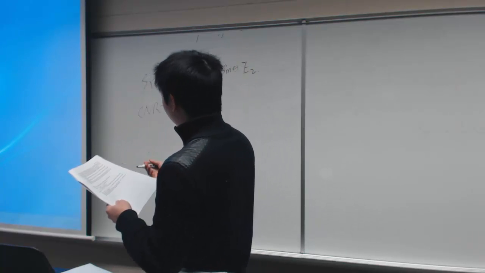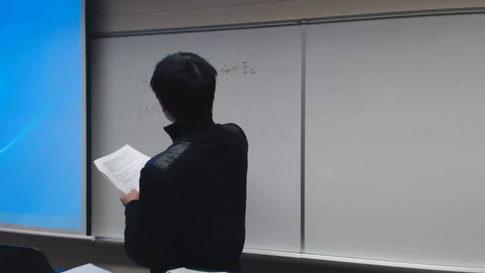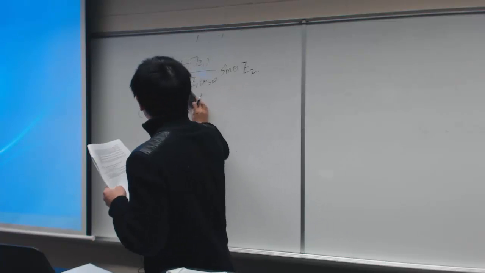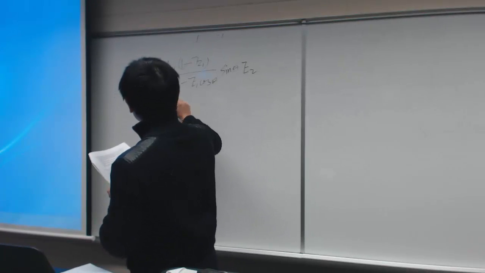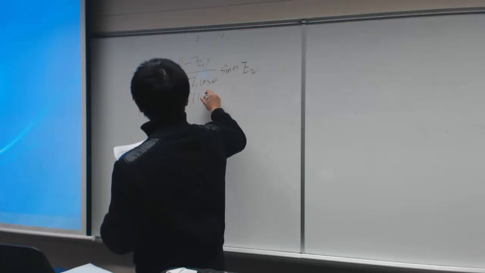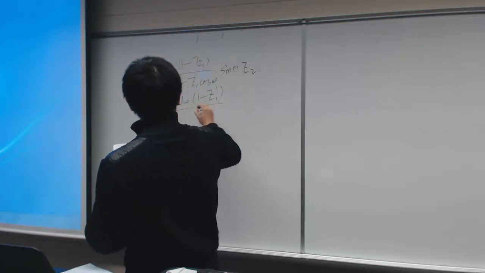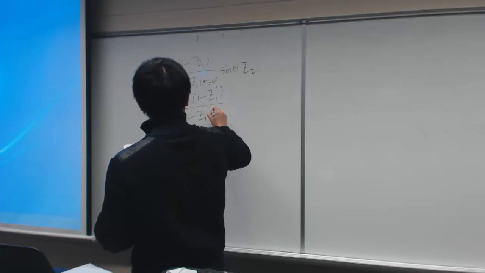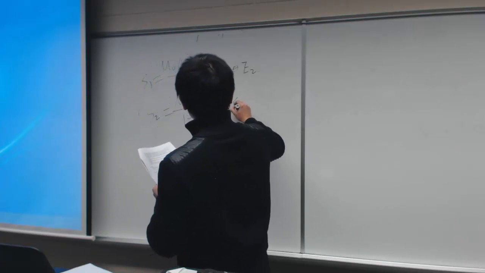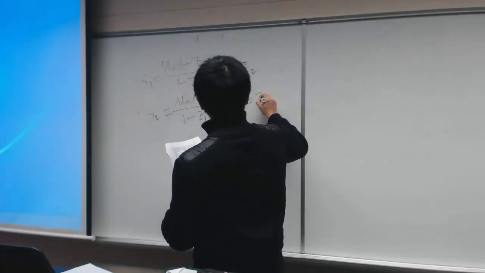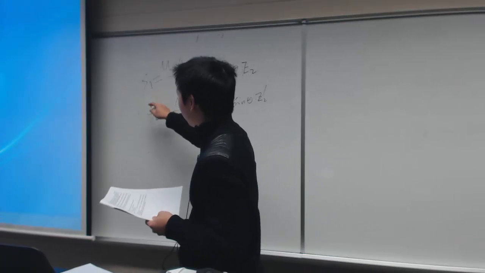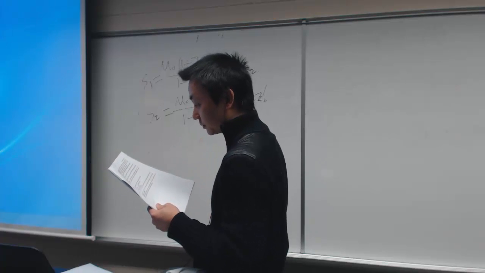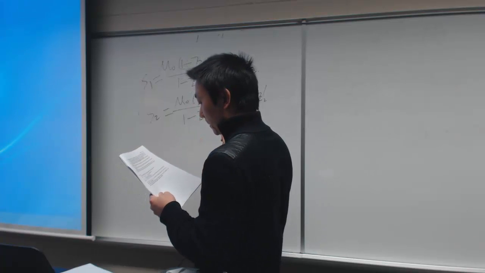So S2 equals M0 (1 minus E1 prime) sine theta E2 prime over (1 minus E1 prime cosine theta). The CNR is just S1 minus S2 divided by the noise.